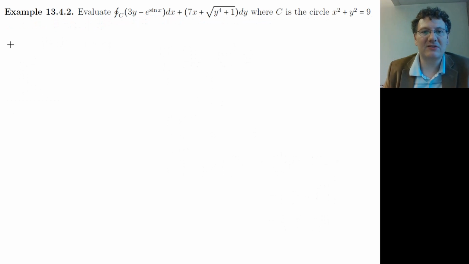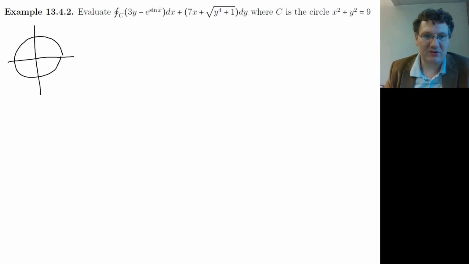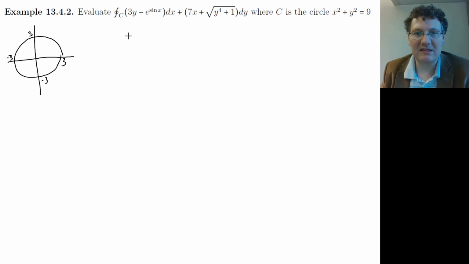All right, let's look at the integral over the curve C, a circle with radius 9. So here's the picture. Oh, sorry, not radius 9, but radius 3. And the function is 3y minus e to the sine x dx. So P is this, and Q is here.